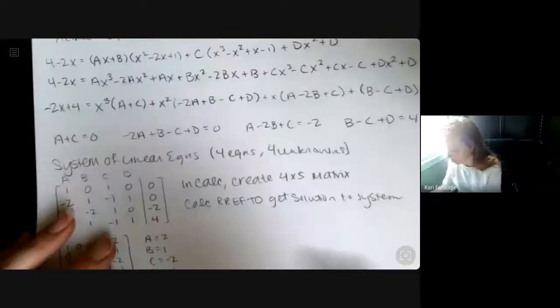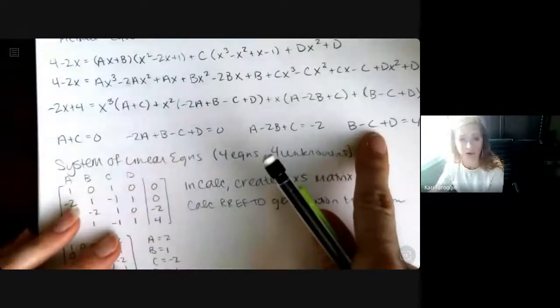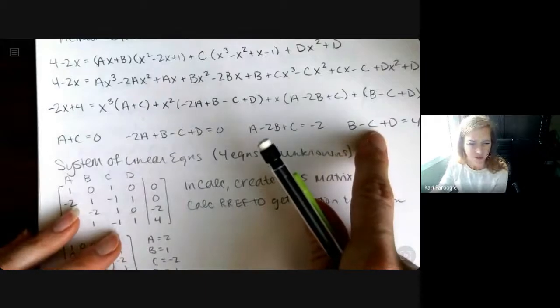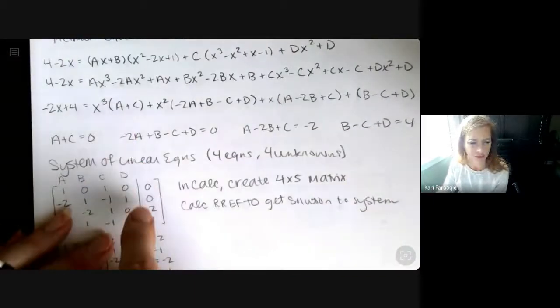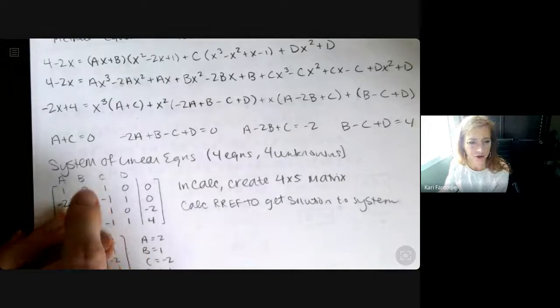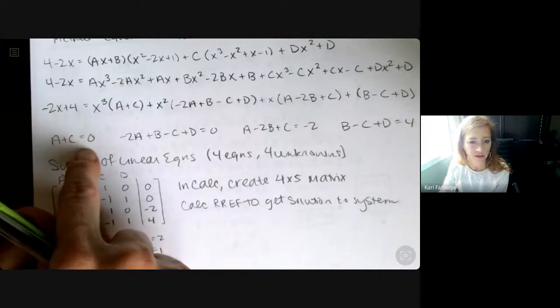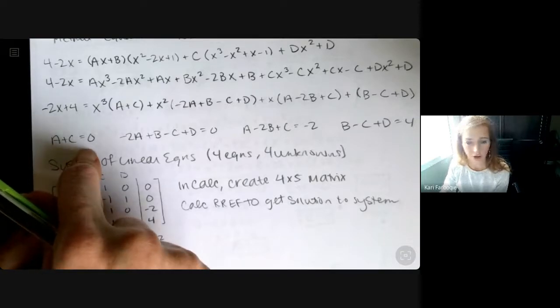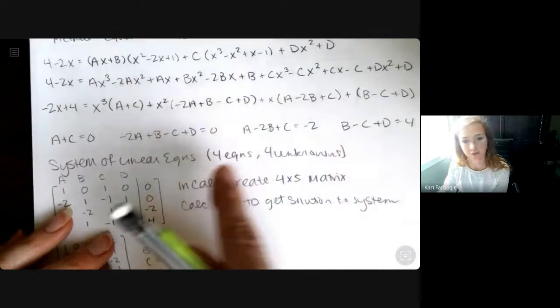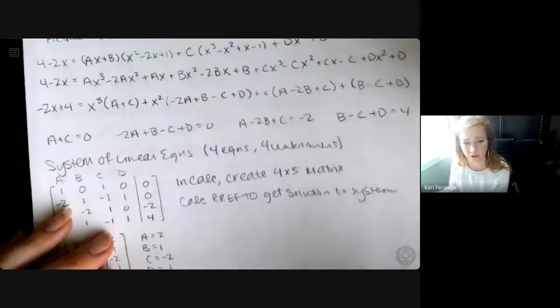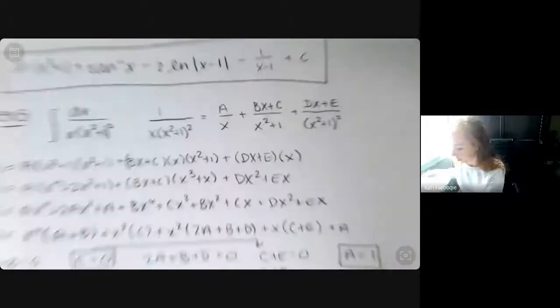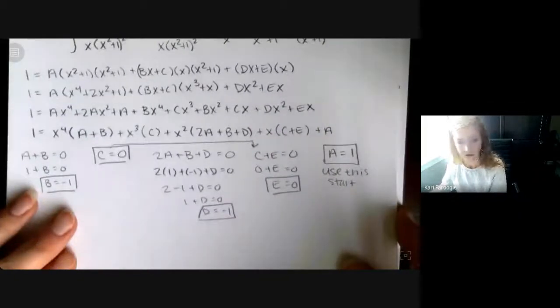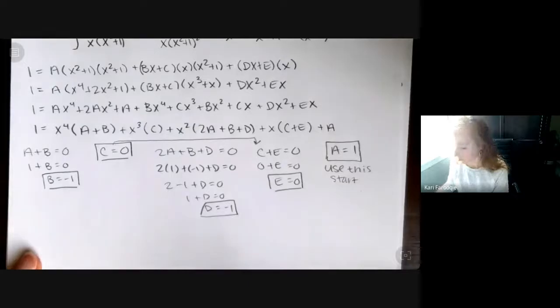We didn't have that situation on the last problem. Maybe some of you could have figured this out, but it's much faster to put it in your calculator, because A and C could literally be anything. As long as they were opposites, you could add them and they'd equal 0. You would have had a really hard time doing this without your calculator. Probably a lot of guesswork, but this was a little bit more straightforward.